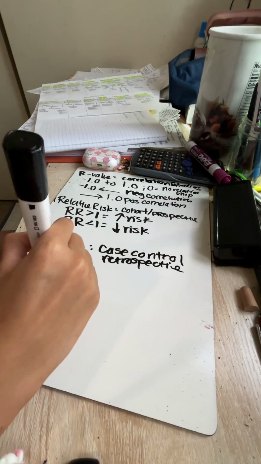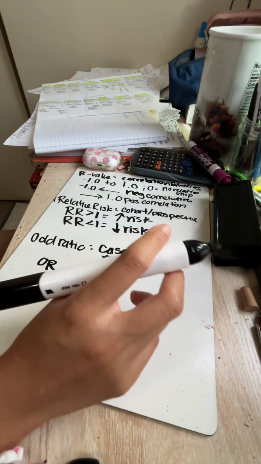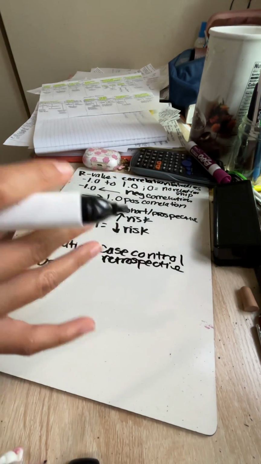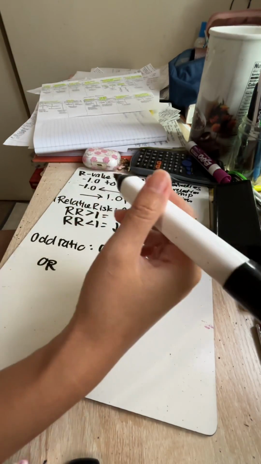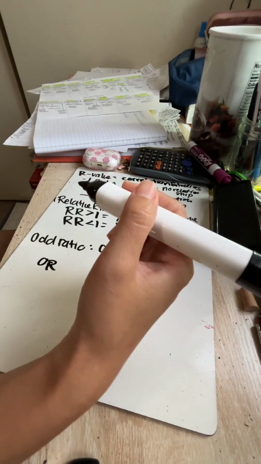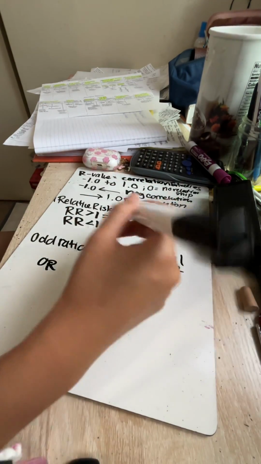The odds ratio helps show you the increase or the lower risk of the risk factors associated with those diseases.